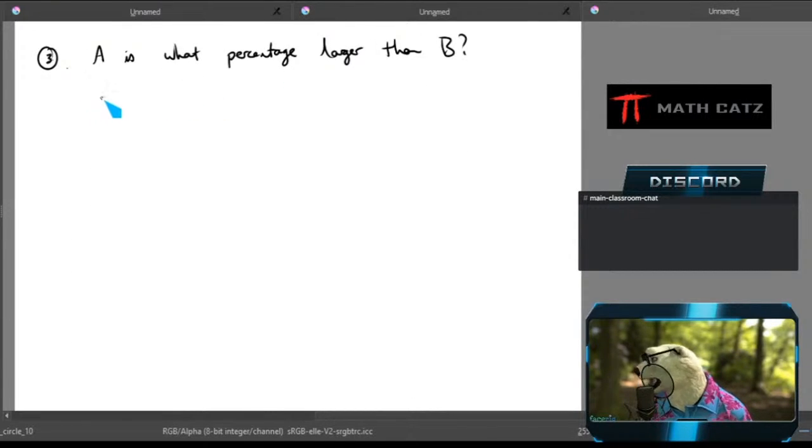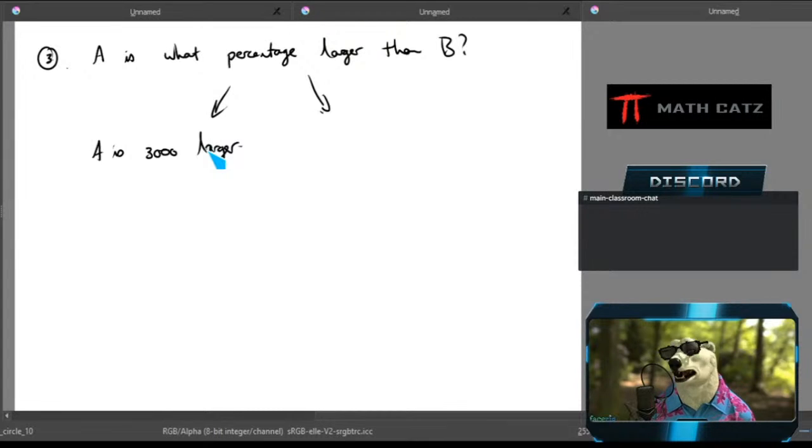I can look at the change amount. A is what percentage larger than B. A is 3,000 people larger. So I can focus on the amount, the increase amount.